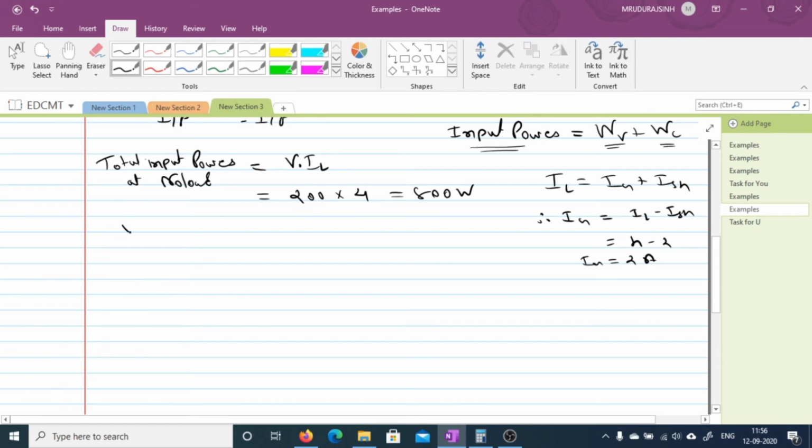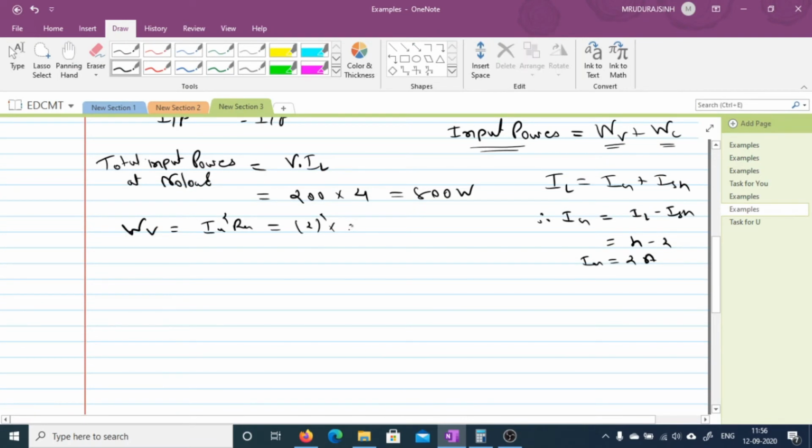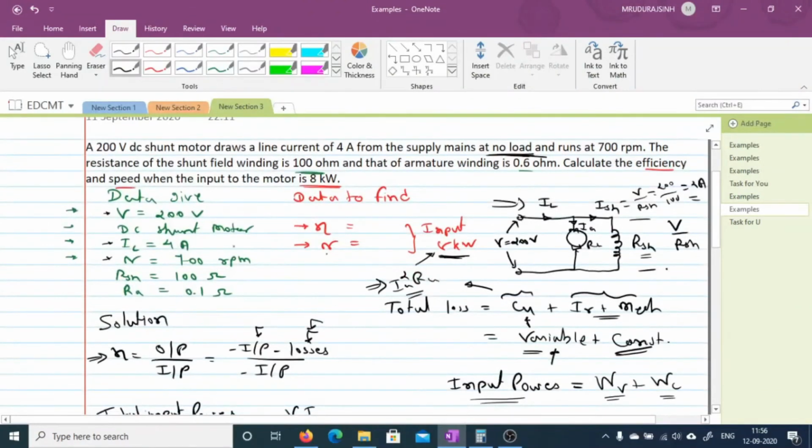So now variable loss or copper loss is IA square RA, and that gives us 2 square into RA, right? So 2 square into 0.1, sorry, it's not 0.1, it's 0.6.